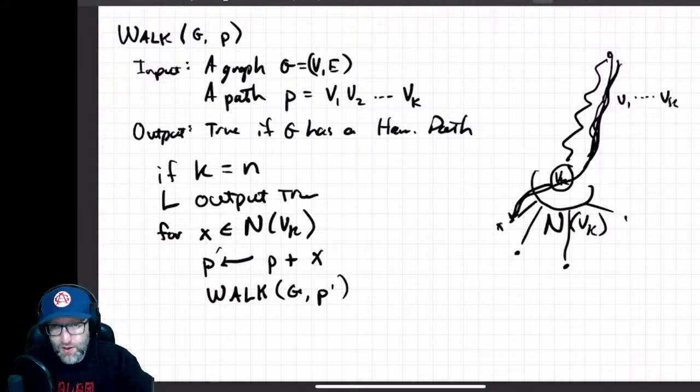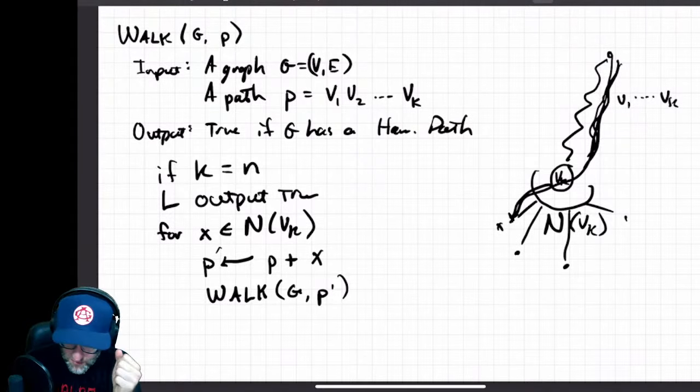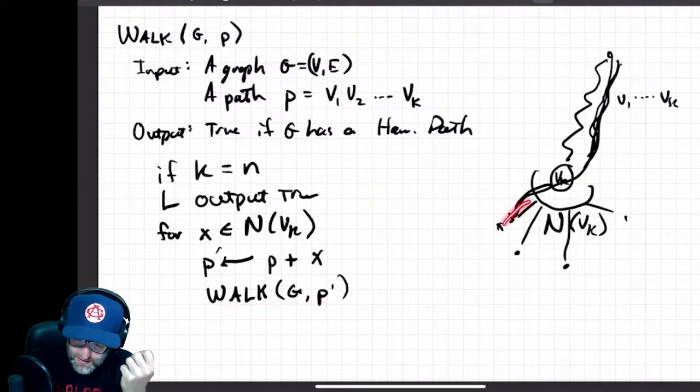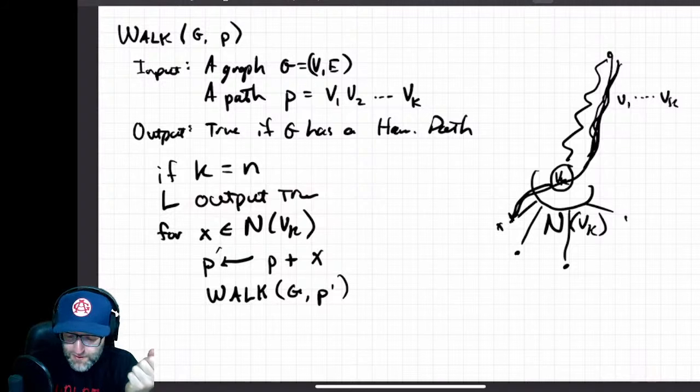You'd actually want to return this value or set a global variable or something like that. Don't do that. Globals are evil. But by virtue of pseudocode here, walking into the graph onto the next vertex sets us up, and it'll eventually output true if it in fact represents a Hamiltonian path. All right? Got to be careful here.